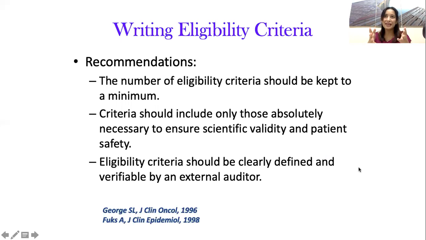You cannot extend the conclusion to patients with diabetes who are 50 years old or with a family history of diabetes, no? So it limits the generalizability. So you should only pick criteria that are absolutely necessary to ensure scientific validity and patient safety.